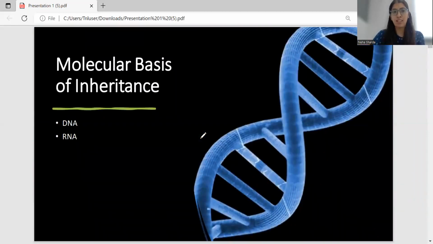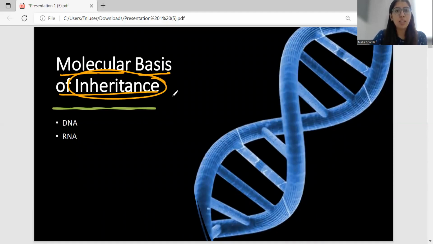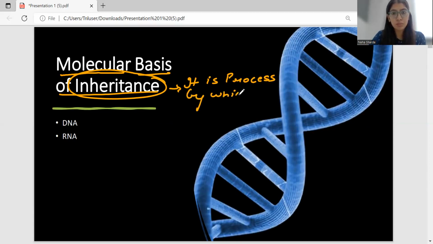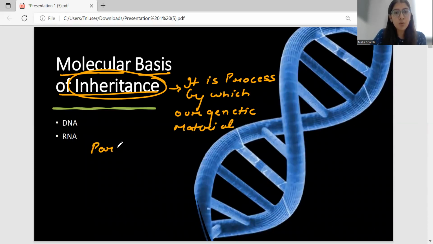Molecular basis of inheritance. What do you mean by the name? First of all, let's understand molecular basis of inheritance. Inheritance means it is the process by which our genetic material transfers from parent to offspring.